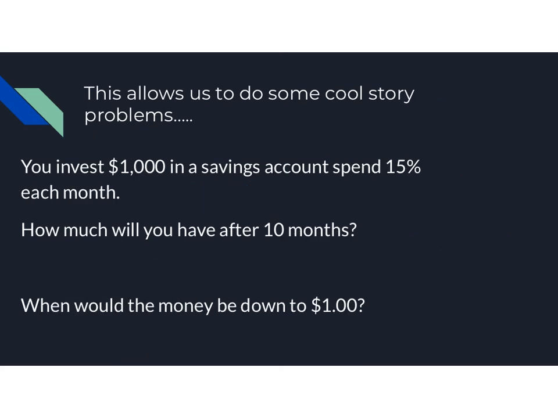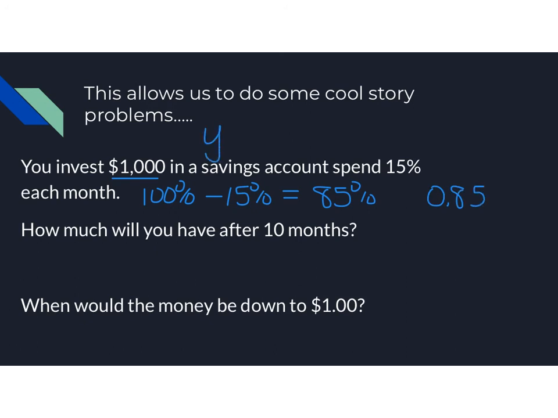In this situation, we're spending 15% each month, again, starting at that initial investment of 1,000. So you have to think about your 100% minus your 15% that you're spending, leaving you 85%. So when you're using that as a decimal, it's 0.85.